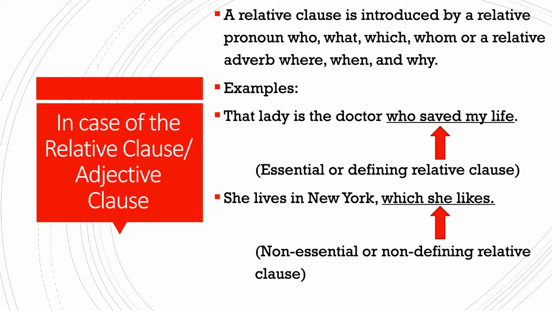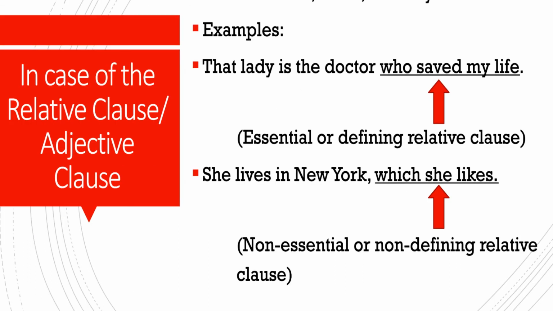Did you notice there is no comma in this sentence? Because we don't use the comma with the essential relative clauses. But when it's the case of the non-essential relative clauses, we use the comma. She lives in New York, which she likes. Here in this sentence, which she likes is the relative clause and it's not essential.